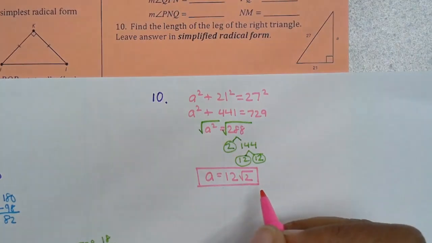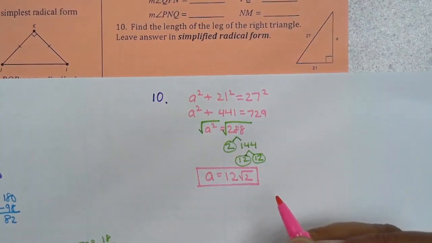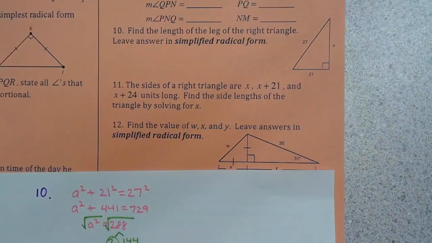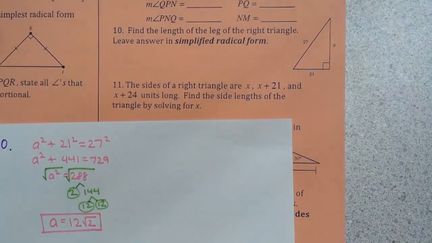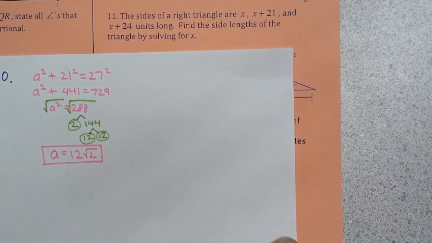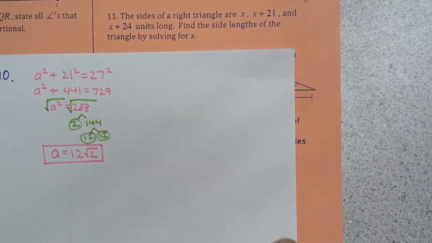All right, let's go ahead and go on to number 11. Let me kind of see if I can fit this on this corner here. So number 11 says the sides of a right triangle are x, x plus 21, and x plus 24 units long. Find the side lengths of the triangle by solving for x.